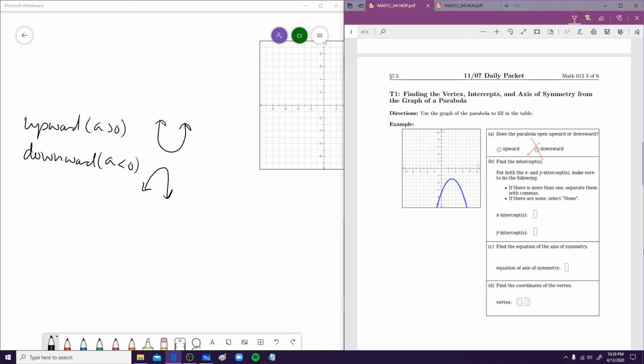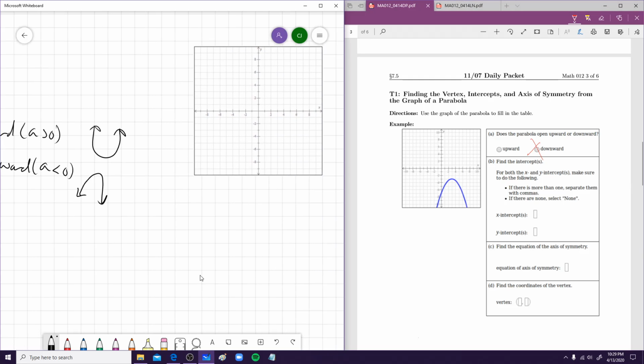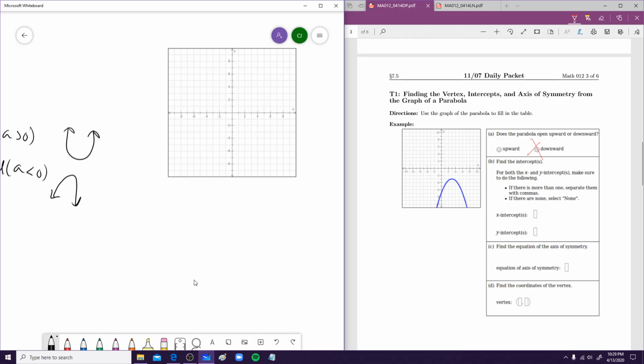Before we solve this, let's recall, what are x and y intercepts? An x-intercept is when your graph crosses the x-axis. So let's go to maybe this graph. For example, like when we did linear functions, this would be our x-intercept. This is when y is equal to 0.